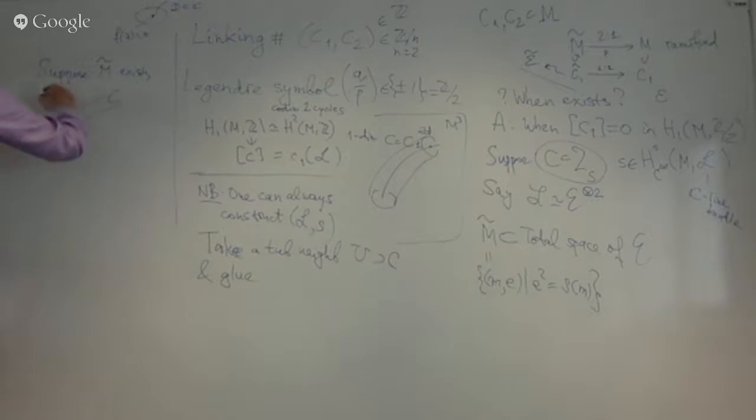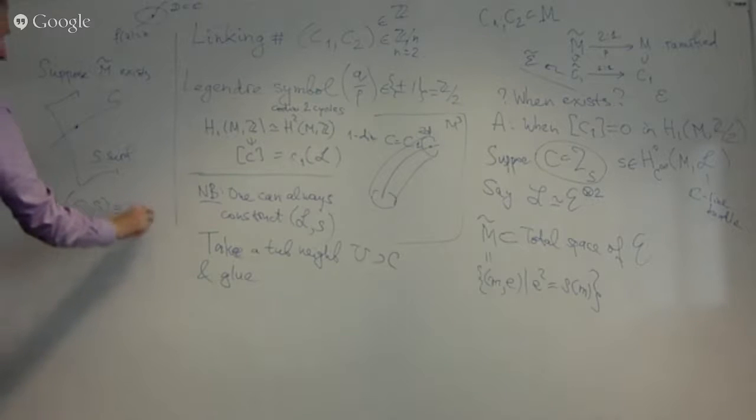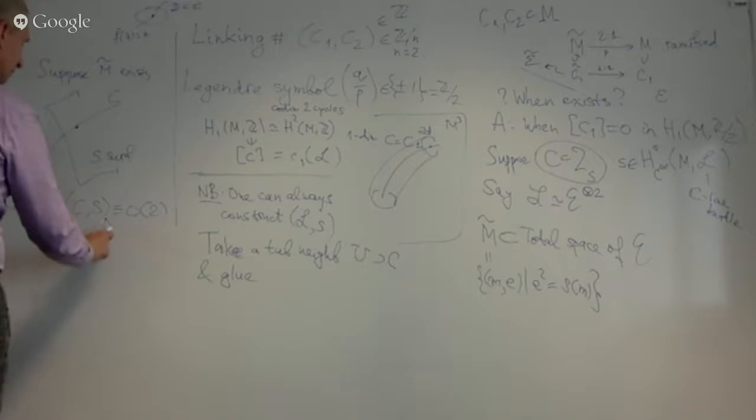And suppose we intersect with the surface S. Clearly, the intersection of T and S is 0, 1, 2. But all this lives in M, because I don't see M tilde here. No, in M. In M, okay.